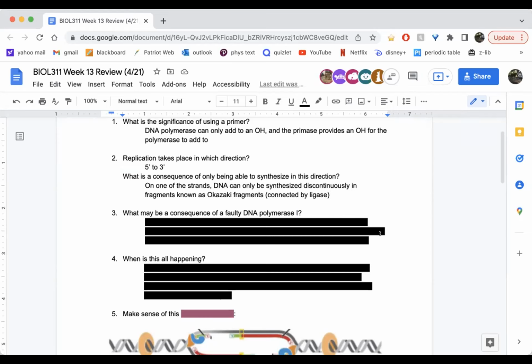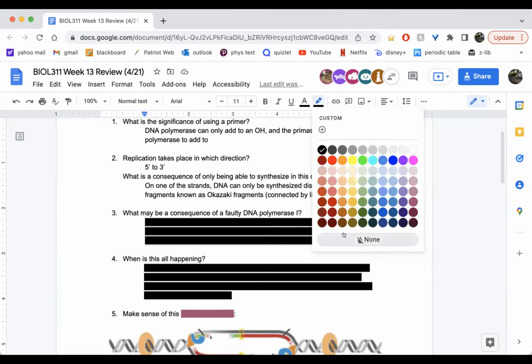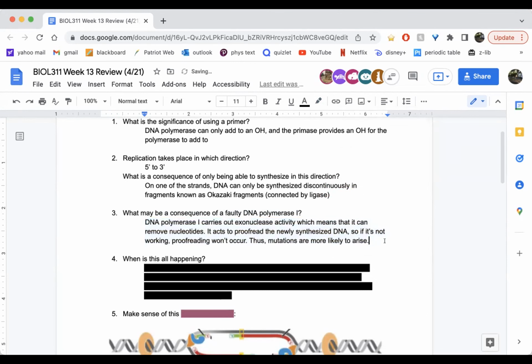Yes. So do you want to emphasize or explain what DNA polymerase 1 does? Yes, so it can't fix the mistakes if it's faulty. So basically, your polymerases can carry out some proofreading activity.